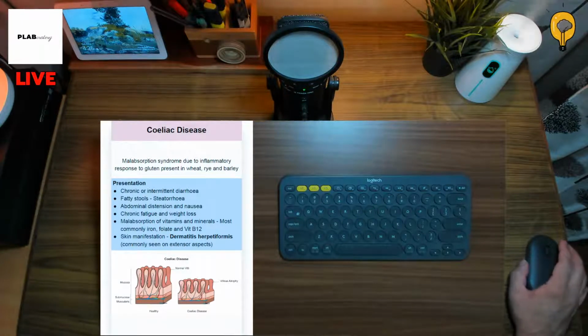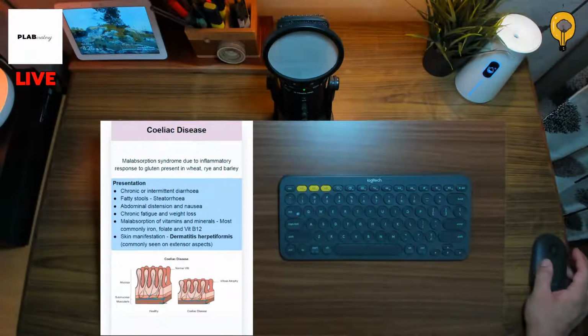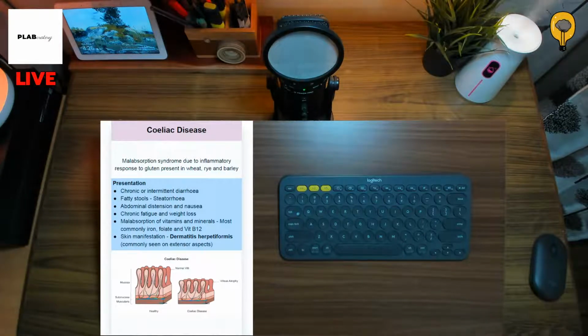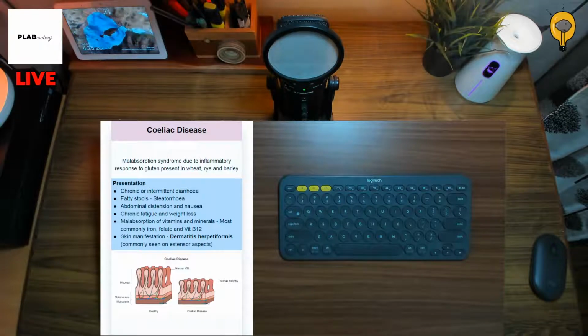Jejunal or duodenal biopsy is still needed to diagnose celiac disease if antibody tests are positive, for seeing villus atrophy, crypt hyperplasia, increase in intraepithelial lymphocytes. So in biopsy, we look for villus atrophy, crypt hyperplasia, and increase in intraepithelial lymphocytes.